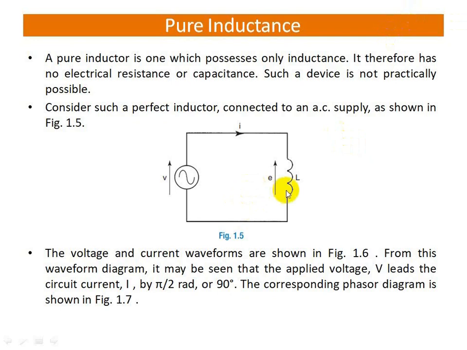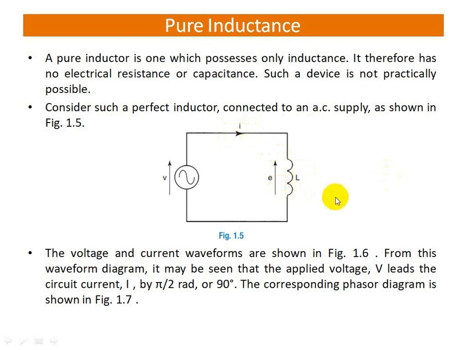Let us consider the inductance is connected across a voltage source V and current is flowing in the circuit. Here e is the EMF induced in the inductance. When current is flowing, it will produce flux, and this flux again will be linking with this coil, and because of this flux linkage, EMF will be induced. This EMF will be opposing the current flowing through the inductance.